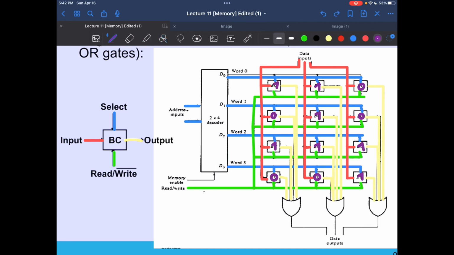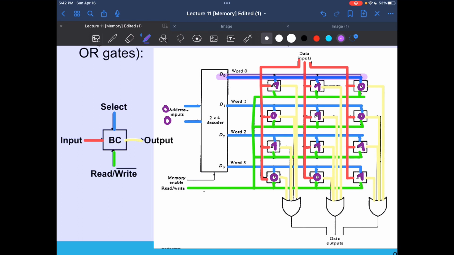For example, suppose we want to read from the memory unit, and all the binary cells have information stored previously. Let's see how it works. To read word number 0, we have to put the input address. Suppose we put 00, which will select the 0th line in the decoder, and this will select all 3 binary cells in the word.